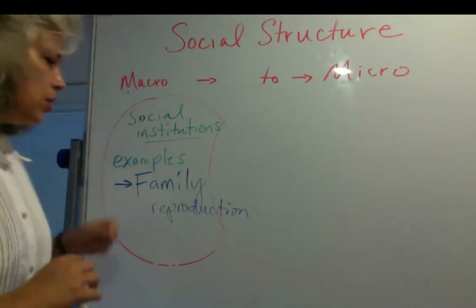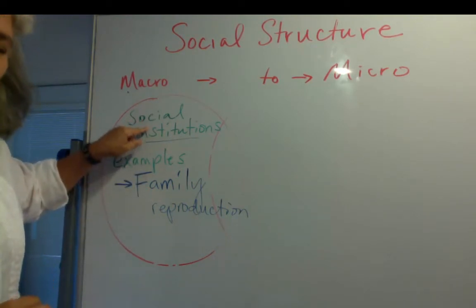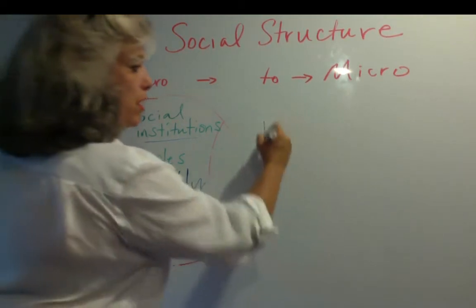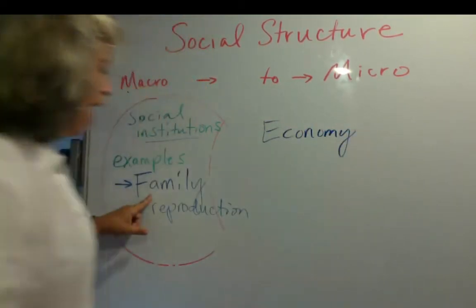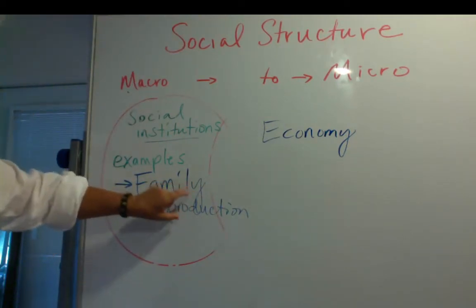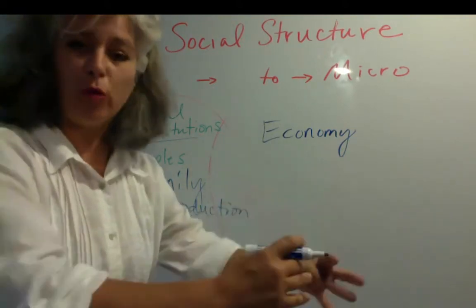Okay? So family is a social institution on the macro scale because of the connection that it has with another social institution, the economy, and with the connection that it has to providing future adults for the population to move forward.